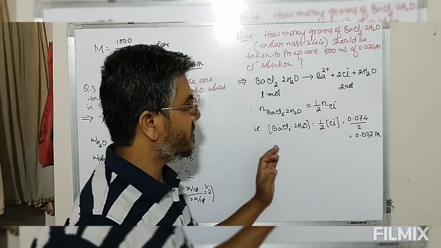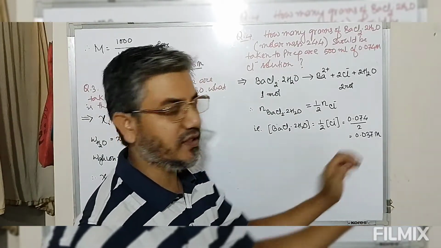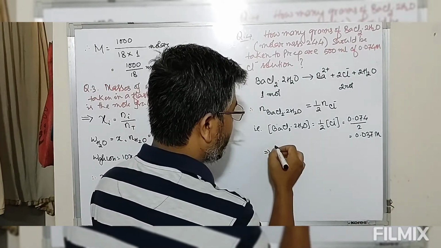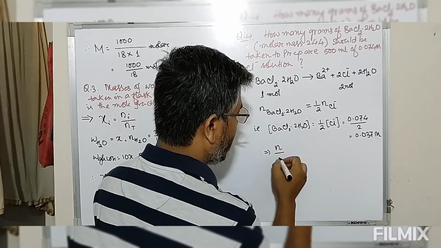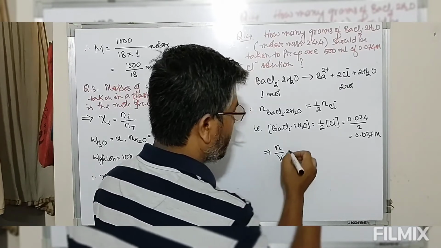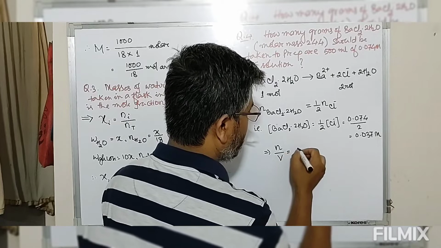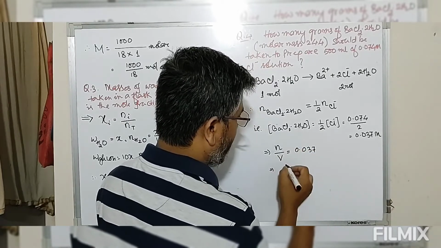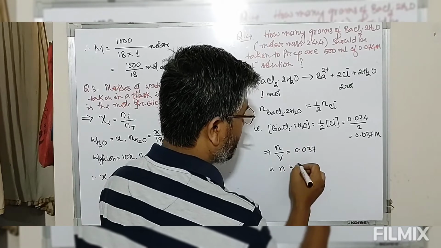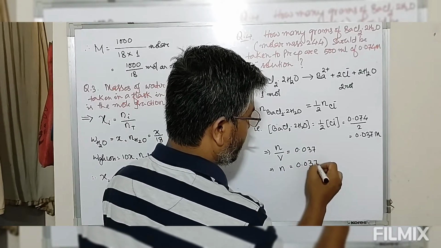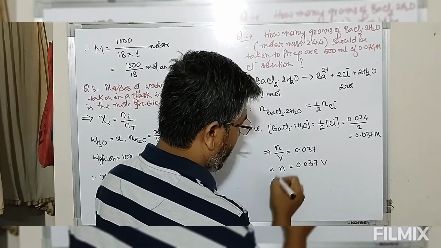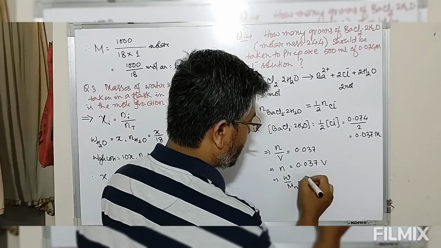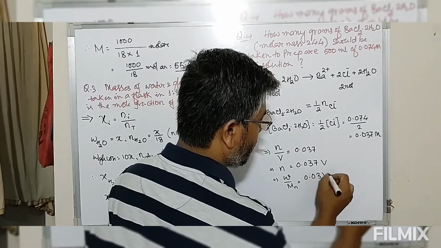This concentration is defined in terms of molarity, which is number of moles divided by volume, equal to 0.037. Number of moles is equal to 0.037 times volume, and number of moles is mass divided by molar mass, which is equal to 0.037 into volume.